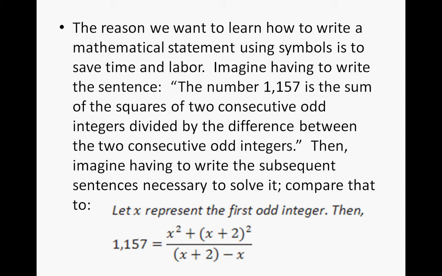Compare that to: let x represent the first odd integer, then 1,157 is equal to the fraction of the quantity of x squared plus the quantity of x plus 2 squared over, or divided by, the quantity of x plus 2 minus x. I think I'd like the second way better.